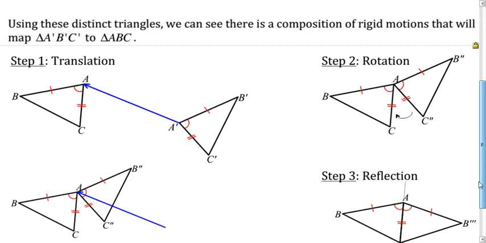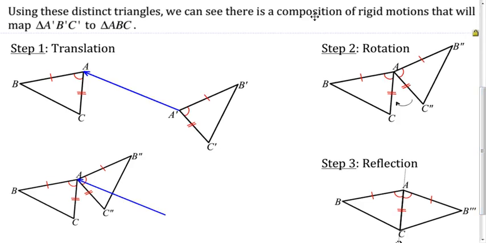So let's see, why is that true? Well, if we look at it with basic rigid motions, we can do a composition to get from this first picture to the last picture. In the first one, we have a translation. We're translating the triangle on the right-hand side using vector A prime A. And now we've identified the two vertices together that have the congruent angles.